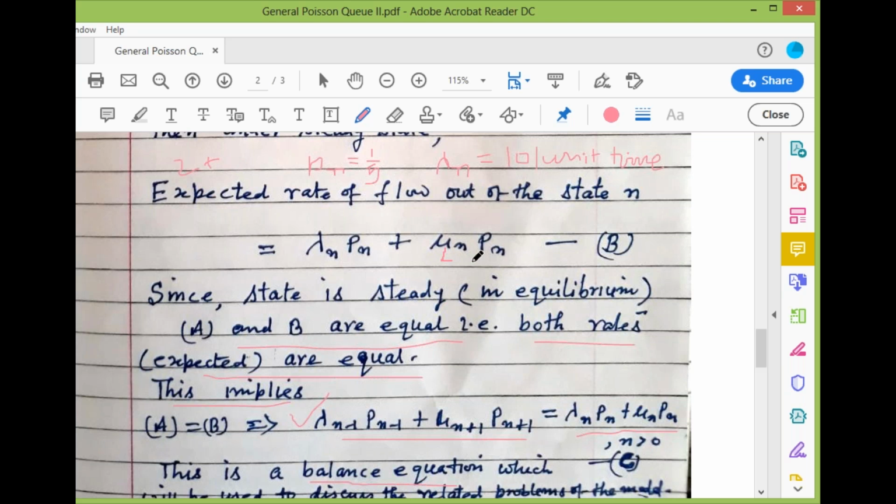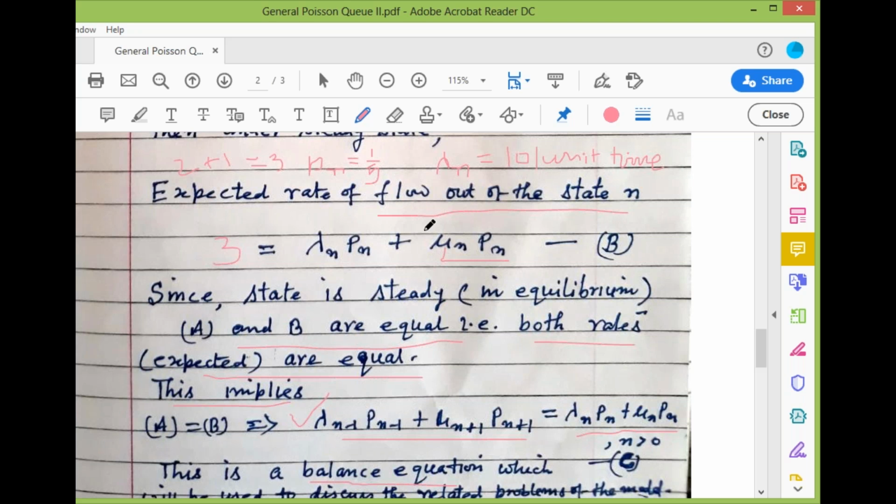For this case, you get suppose 1. So total is 3. Total is 3 means you are getting this 3. And this is what? Expected rate of flow out of the state. So expected rate of flow out of the state n means what? 3. 3 what? Expected means average. Average means what?